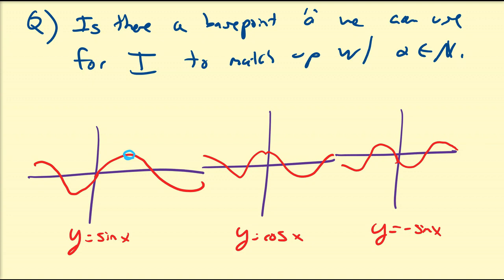So one can say that this point is actually the same thing as that point, and that point is the same exact thing as that point. So pretty much what we see is that this maximum is shifting over, right? It's shifting over by pi over 2 units each time. So this is, as we know, pi over 2. This is 0, and this is minus pi over 2, right?